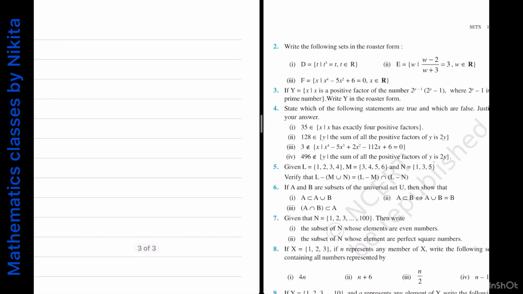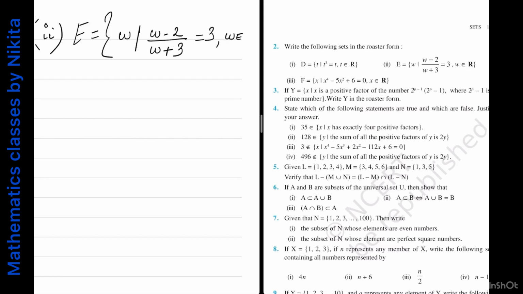The second part says that E is equal to all those w such that (w minus 2) divided by (w plus 3) is equal to 3, and w is coming from R. So you have to find its roster form. Now such an equation is known as a rational equation.